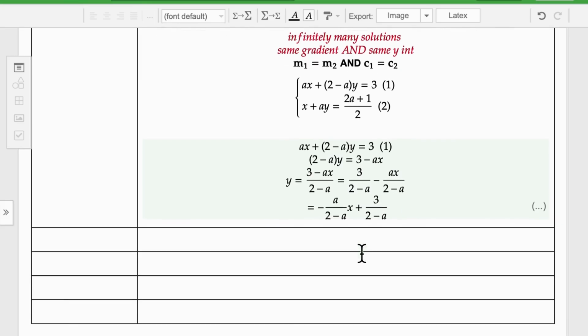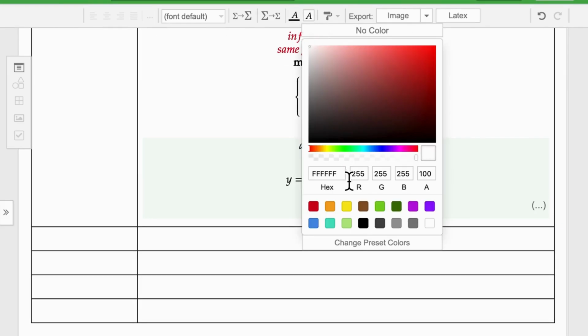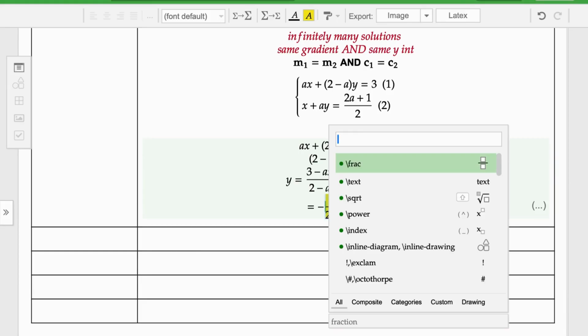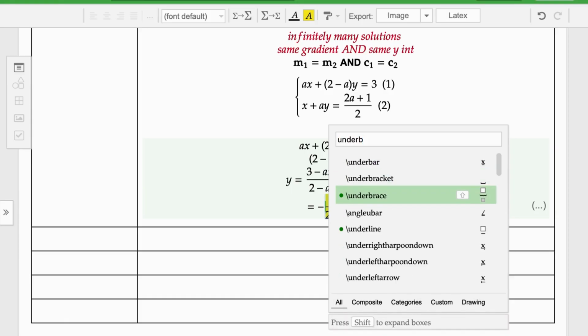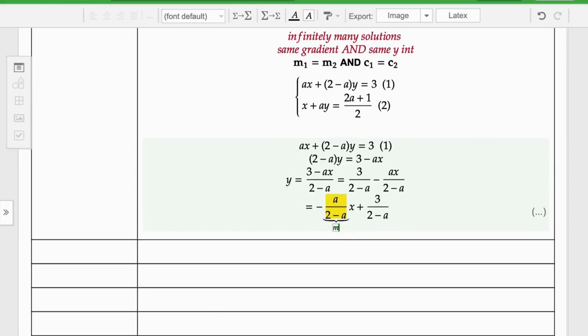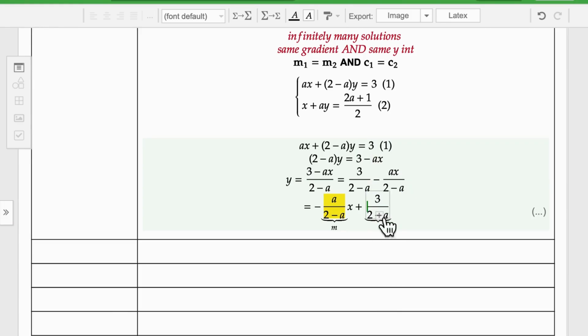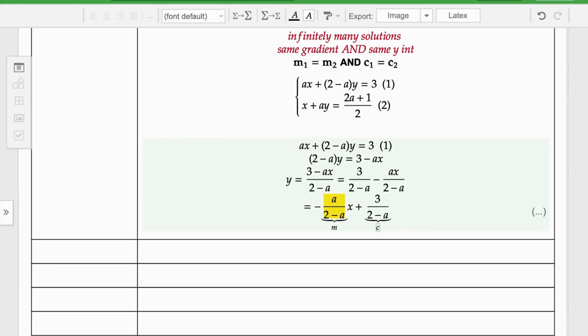In this case, it's clear to us that this term here will be our gradient m1. Does it make sense? So under the brace, this will be the gradient, right? And this one will be the y-intercept c. Does it make sense?